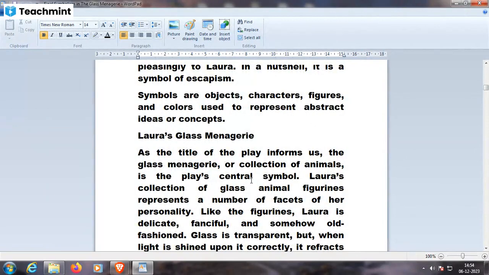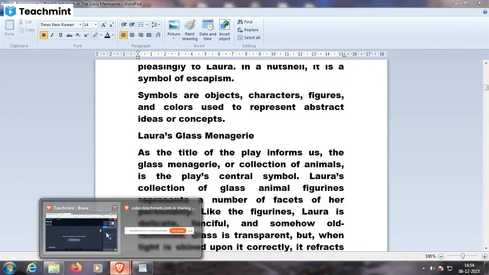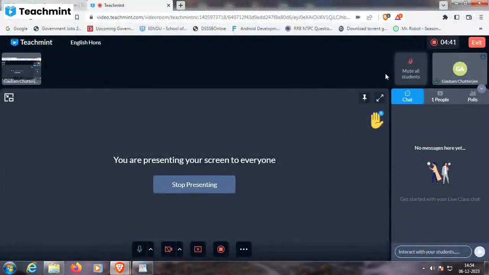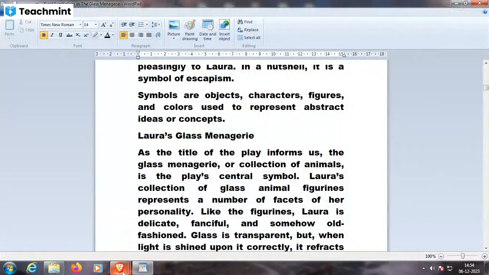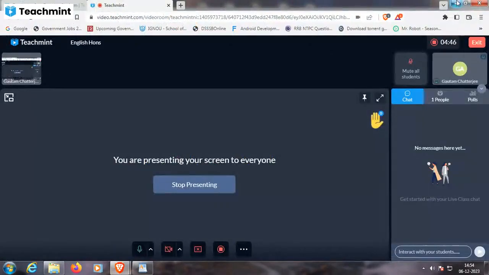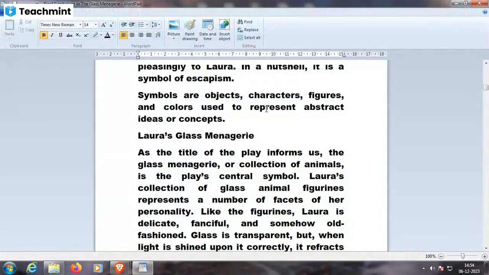Laura's glass menagerie, as the title of the play informs us, a collection of animals, is just a minute. So, Laura's collection of glass animals represents a number of facets of her personality. Like the figurines, Laura is delicate, fanciful, and somewhat old fashioned.